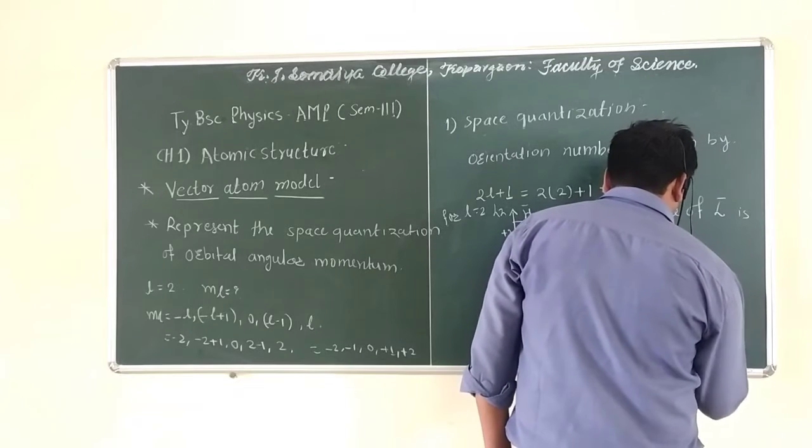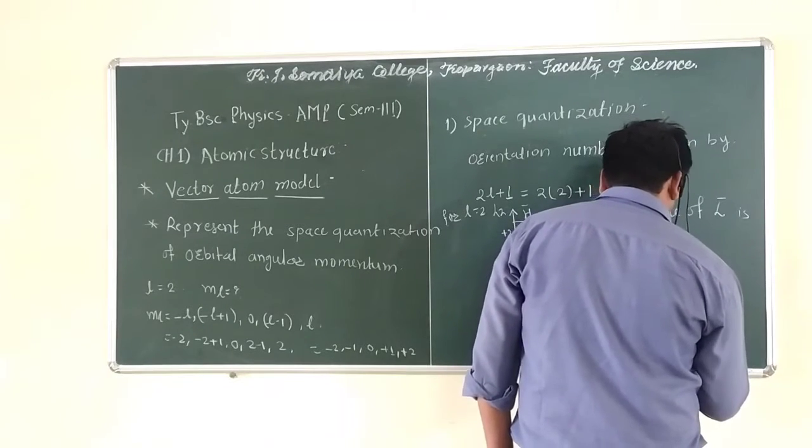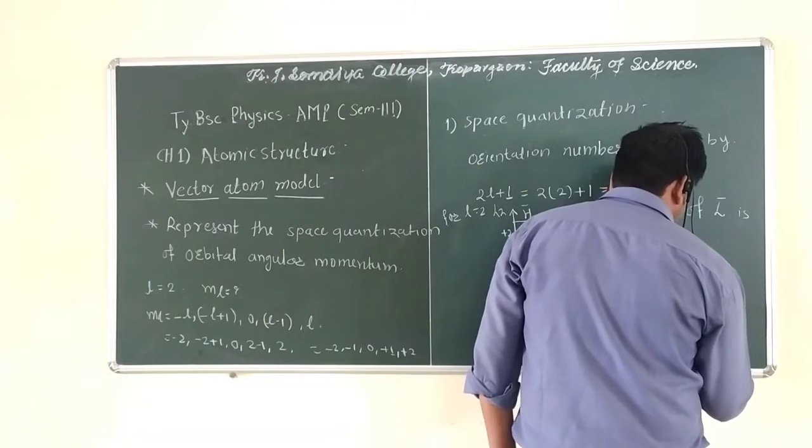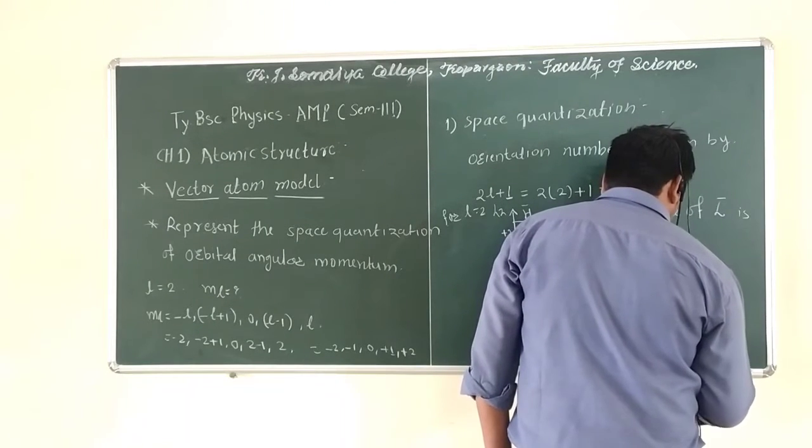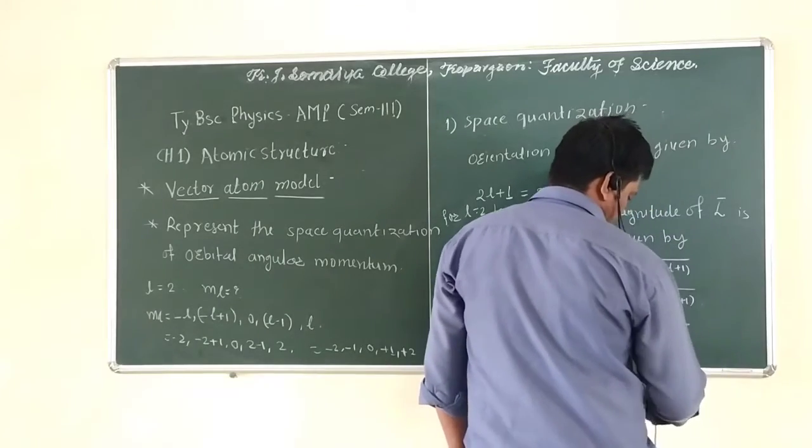Here L is 2, so 2 into 2 plus 1, that is 2 into 3, which is 6. So that is the square root of 6. Okay.